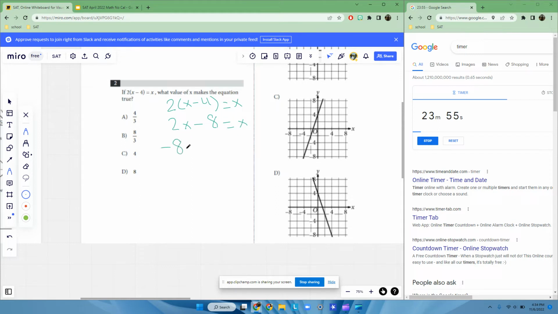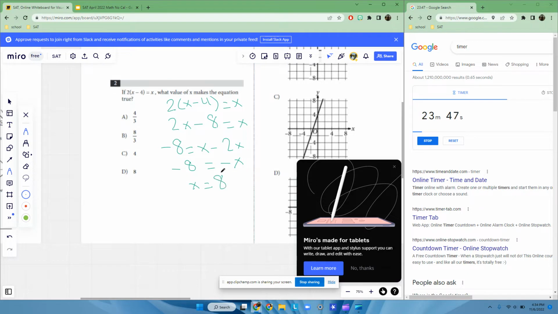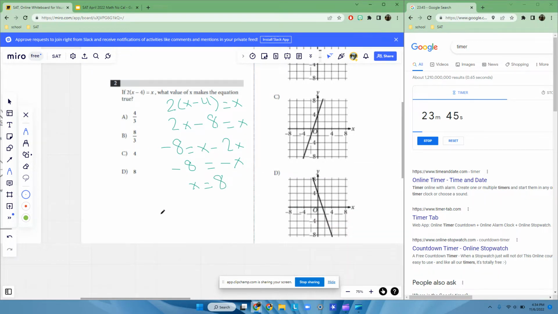Now take 2x to the other side, minus 8 is equal to x minus 2x. Minus 8 is equal to minus x, so x is equal to 8. Just to make sure, I'm going to substitute the values. 8 minus 4 is 4, and 2 times 4 is equal to 8. Yeah, so our answer is D.